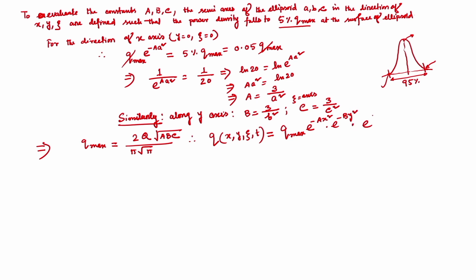Initially we got these things, into e to the power minus C into zeta square. This is the initial heat source equation we consider.